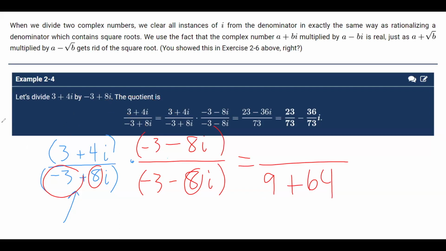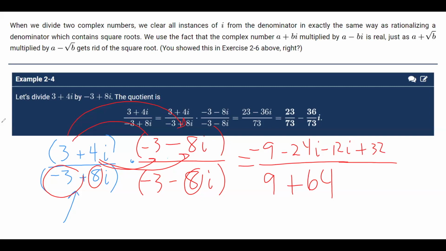So 3 times negative 3 is negative 9. 3 times negative 8i is negative 24i. Catch my mistakes, guys. 4i times negative 3 is negative 12i. And then 4i times negative 8i. Let's do that the fast way. It's negative 32 times negative 1. So can I just write positive 32?